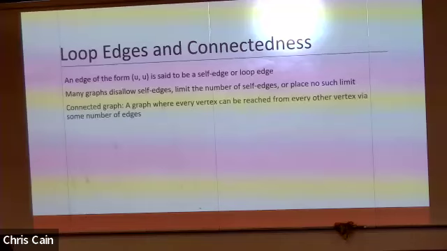More terms. A connected graph, every vertex in the graph can be reached from every other vertex. We use, this is again borrowed from discrete, this just refers to the cardinality of a set, right?